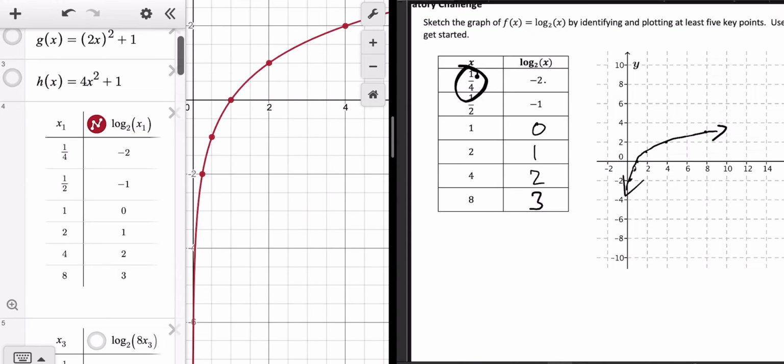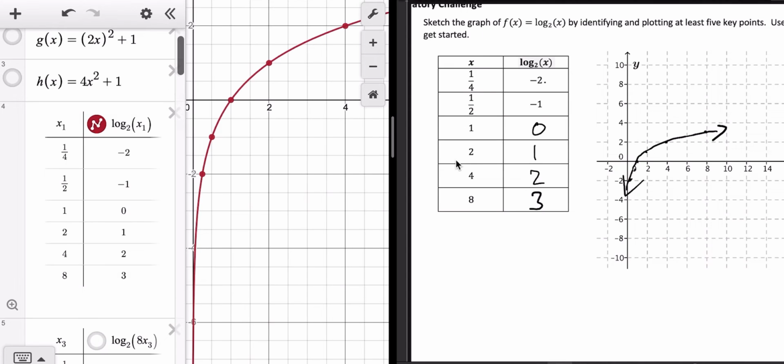So if I plug in a 1 here, I've got to get a 0 for my answer. So to what power of 2 is 1? Well, that's 0. To what power of 2 is 2?